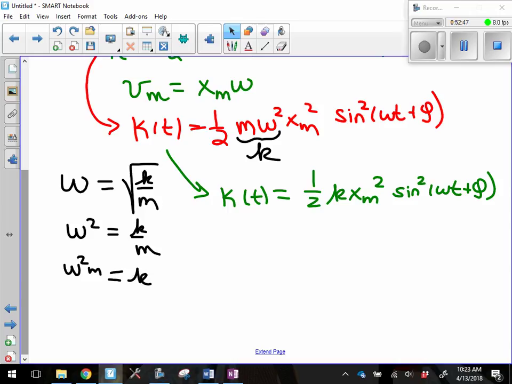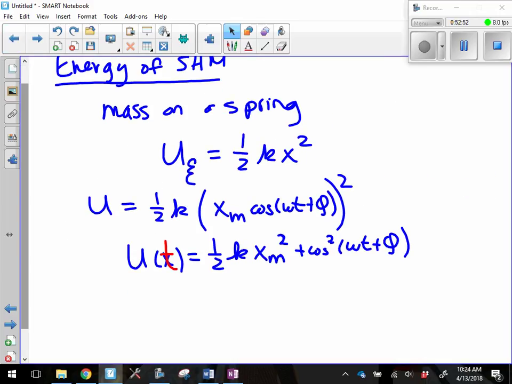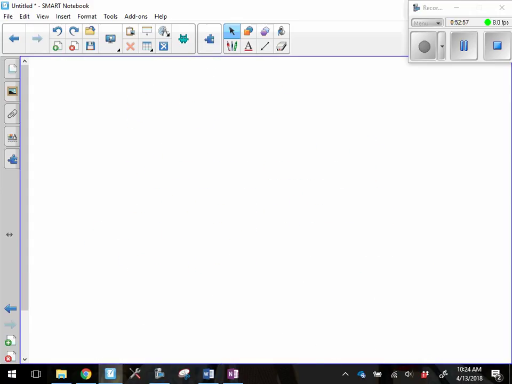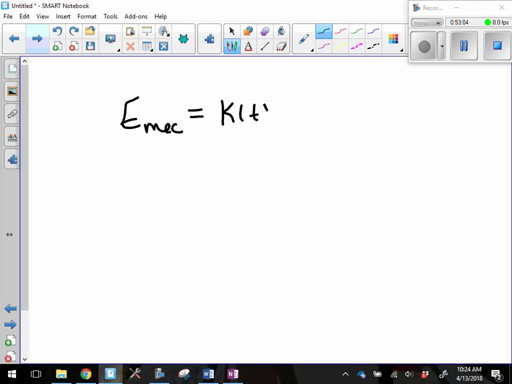So now I have an expression for K of t, and I have an expression for U of t, which means that I can figure out what the mechanical energy is, right? Because that's going to be K of t plus U of t. It shouldn't surprise you that the kinetic energy and the potential energy change, because we've looked at all kinds of systems where kinetic energy turns into potential and potential turns into kinetic.